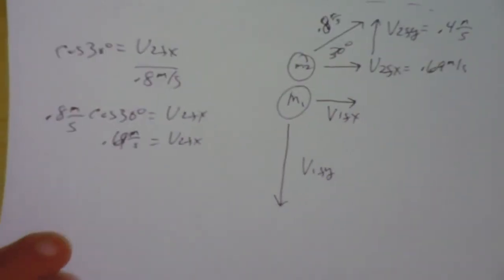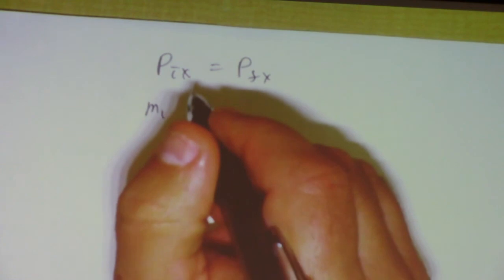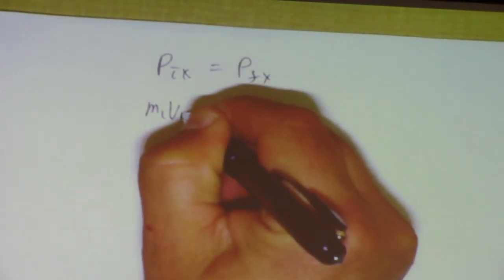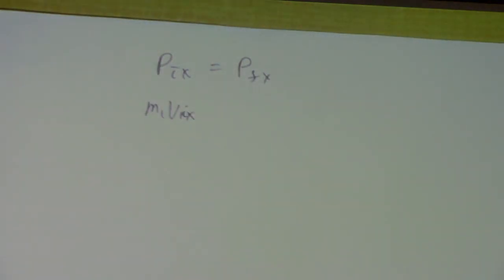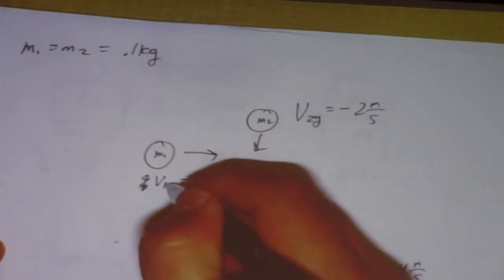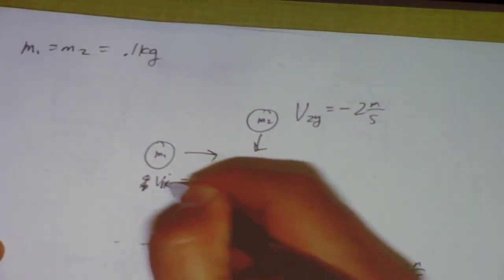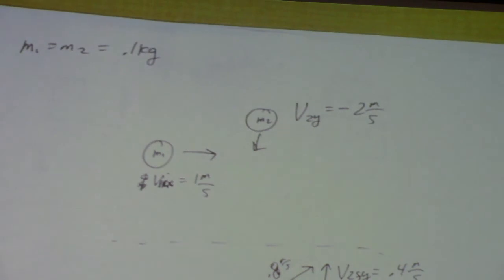I'm going to get a fresh piece of paper. So the initial momentum x is equal to the final momentum in the x. So this was m1 v1 x. Maybe I should put a little i in there for initial just to emphasize it. That's this one here, v1 initial x.